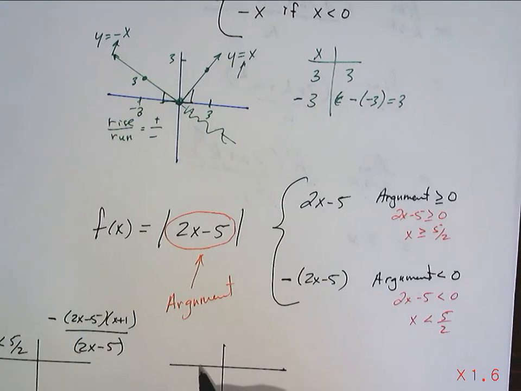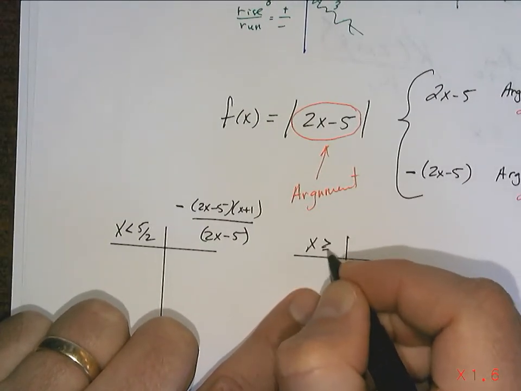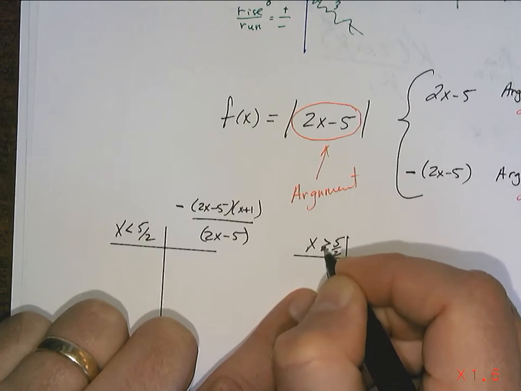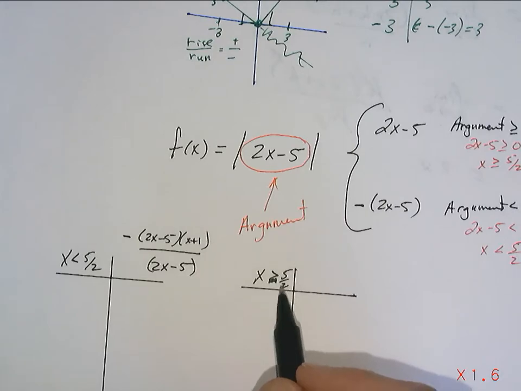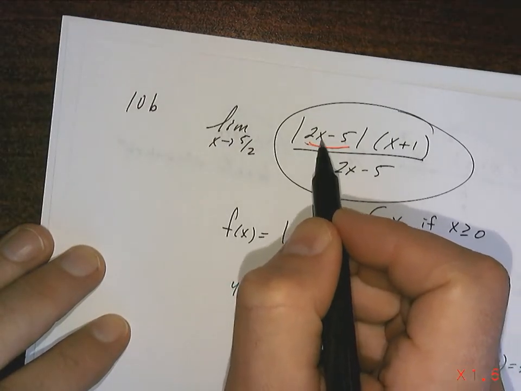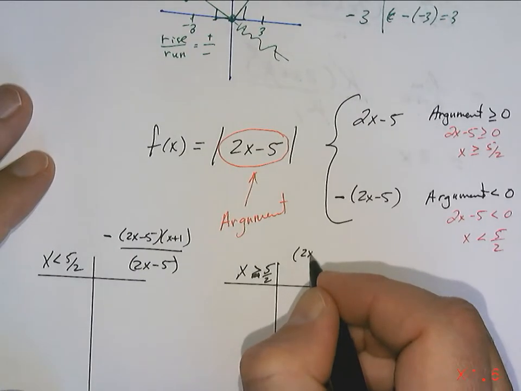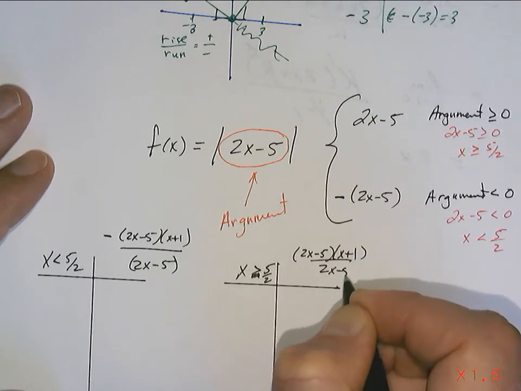And this one over here, if I want to do the x greater than or equal to 5 over 2, I shouldn't have the equal to because it's a limit. So x greater than 5 over 2, notice the argument will be positive. I don't need to have the negatives on the outside. So this one's going to be 2x minus 5, x plus 1 over 2x minus 5.